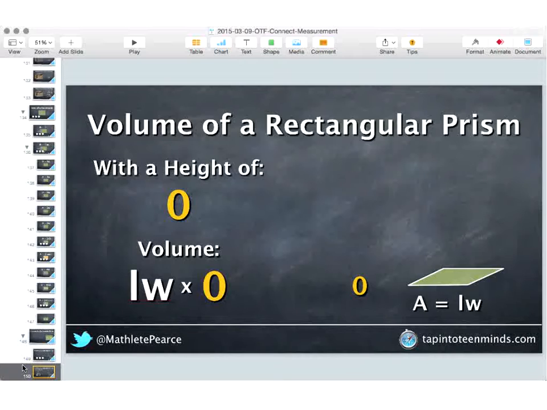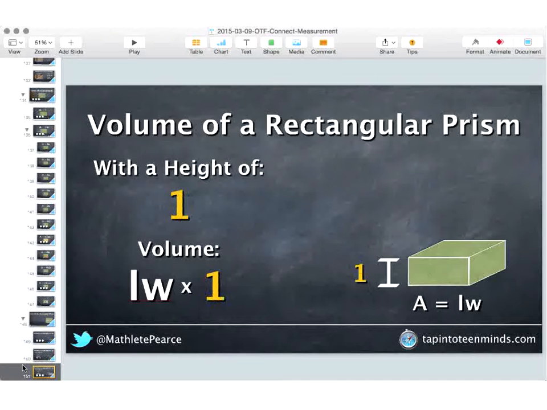However, the area does have a value in this particular case. When we look at the height of 0, all we're talking about is literally not having any sides on this rectangular prism. So if we were to pour water into it, it would just roll right off the sides, or stream right off the sides.